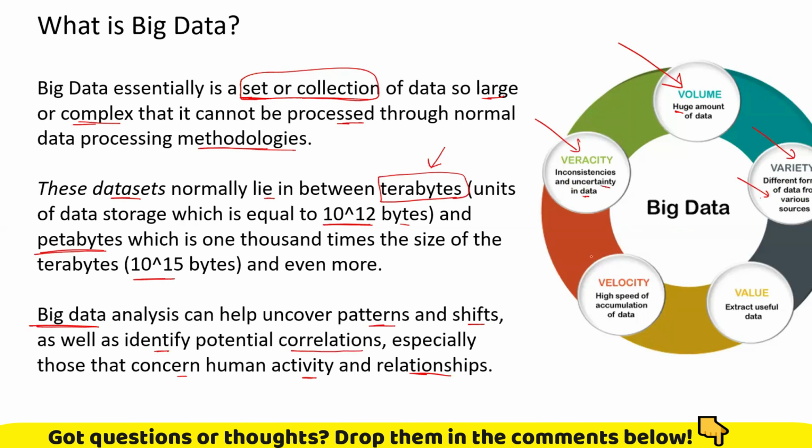And velocity of data means sensors and IoT devices producing data at a huge speed, so very high speed accumulation of data. You can consider these the properties of why we call it big data.